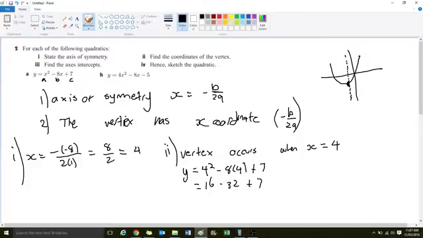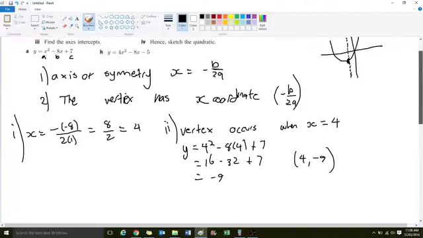So we've got minus 16 plus 7 is minus 9. So this means the vertex occurs when x is 4 and y is minus 9.